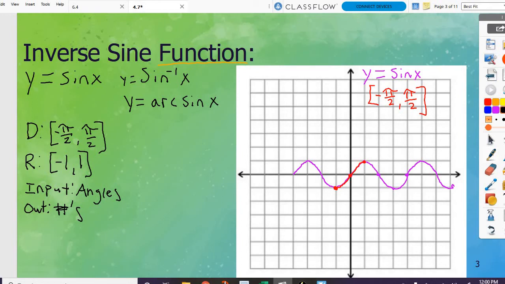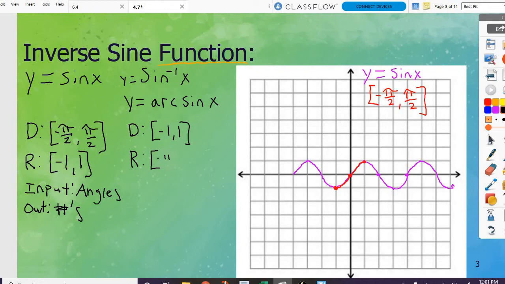Well, if we swap x and y, what does that also swap? Our input and our output. Yes, which is also our domain and range. So what is our domain now for our inverse of sine? Yeah, it just becomes the range of my original, which means that my range of my new function is what?